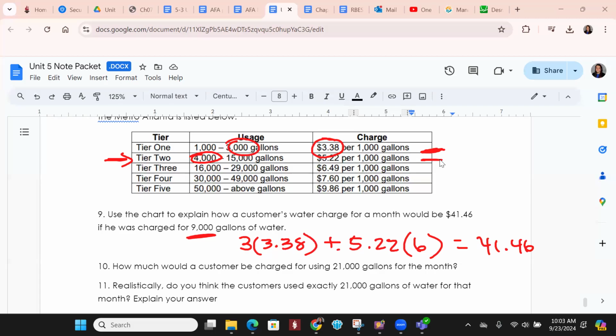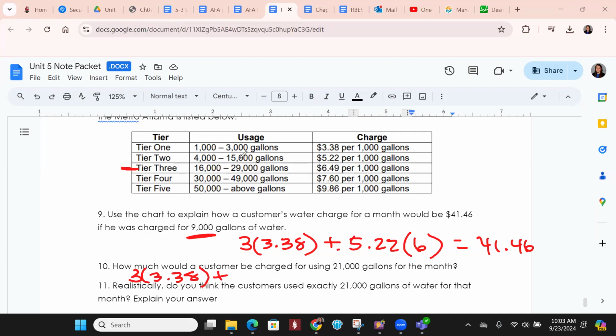Okay, so looking at number 10, how much would a customer be charged for using 21,000 gallons per month? Where would they fall? Okay, so they're on tier 3. For the first 3,000 gallons, we're charged $3.38, so we're going to do 3 times 3.38, plus, how much is in between here?